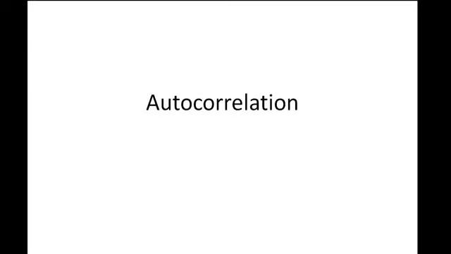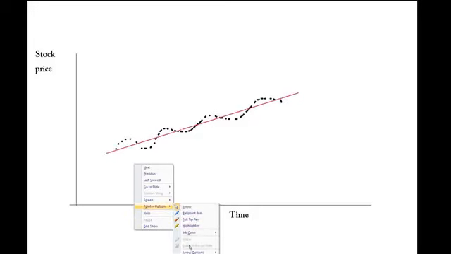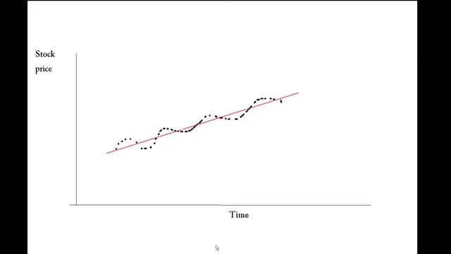Okay, so now let's talk about autocorrelation. This is an example of data that's autocorrelated. Here you can see the error term at this point is positive.